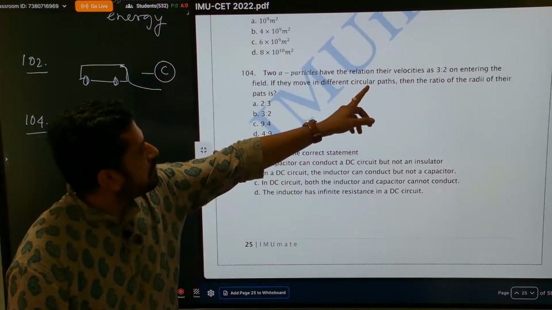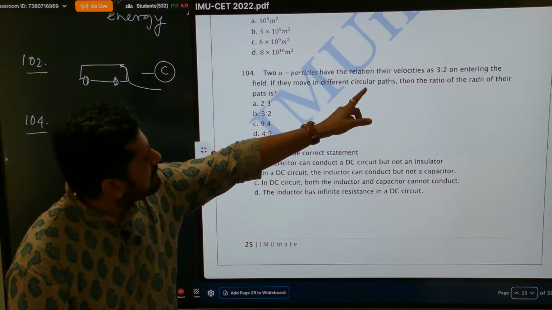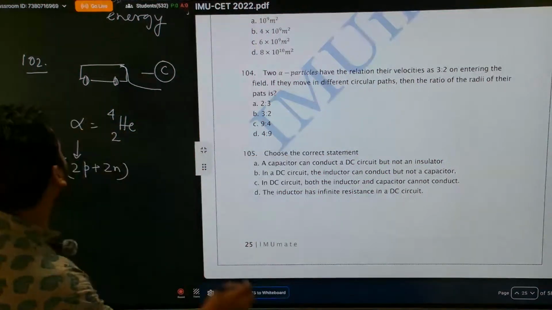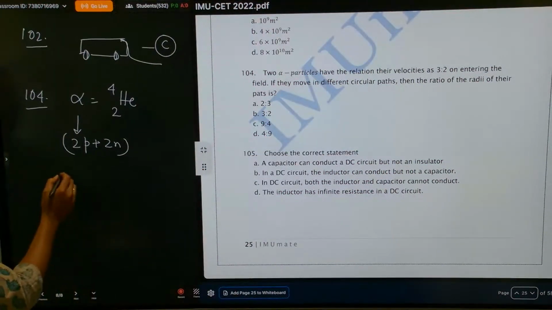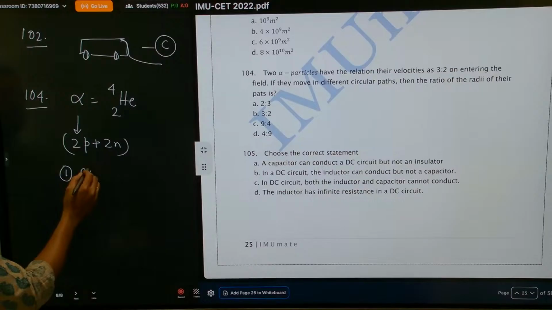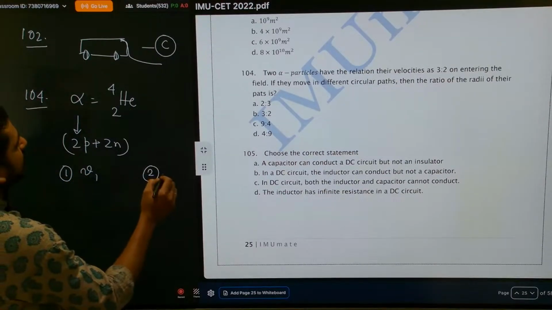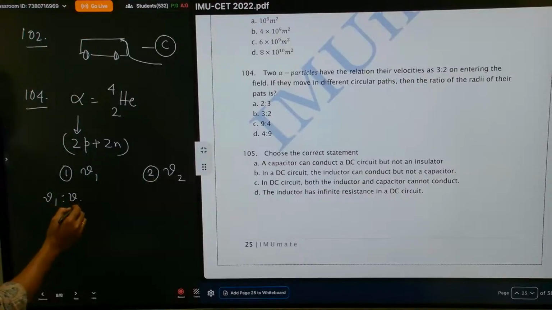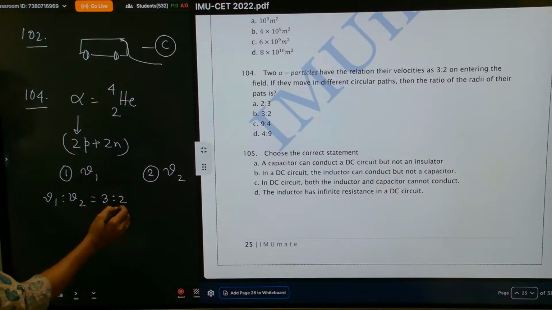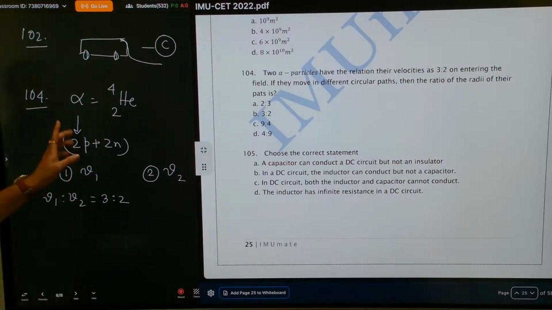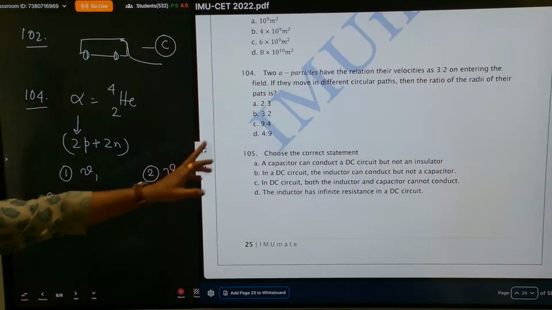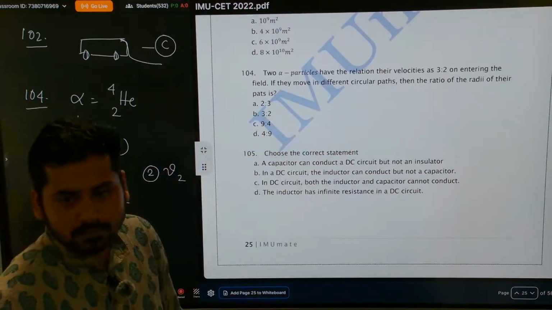Have the relation of their velocities as 3:2. So let's say the first particle has velocity v1 and the second particle has velocity v2. What is v1 to v2? 3:2. Both of the particles are alpha particles. They move in different circular paths.